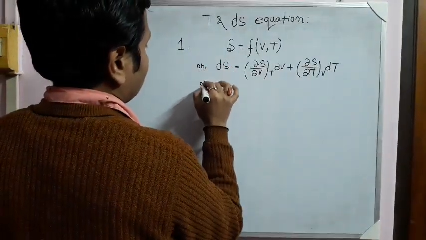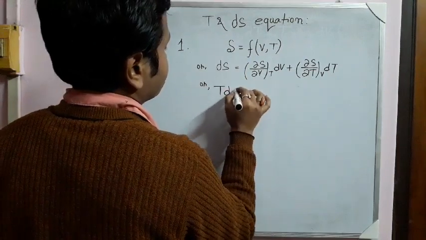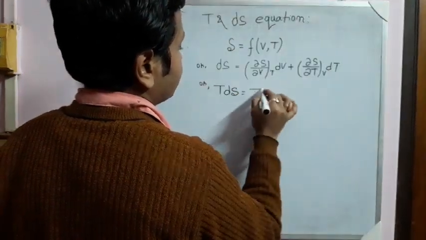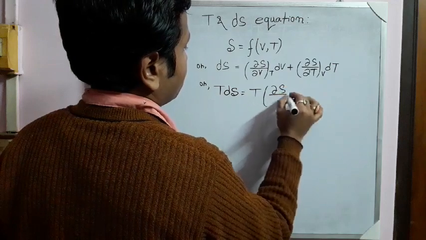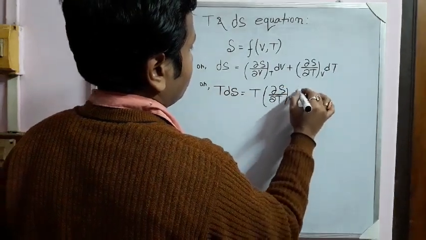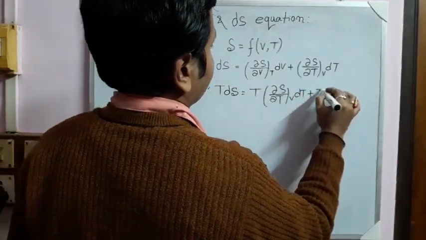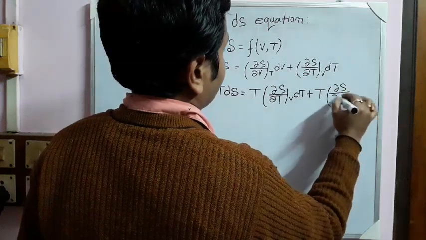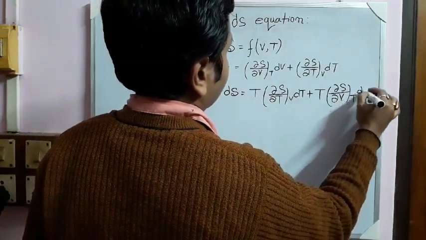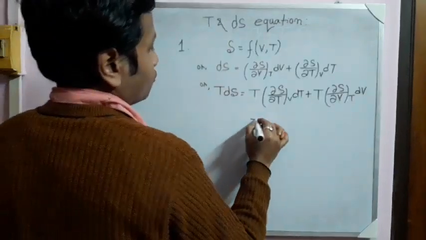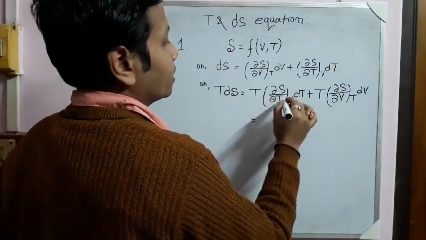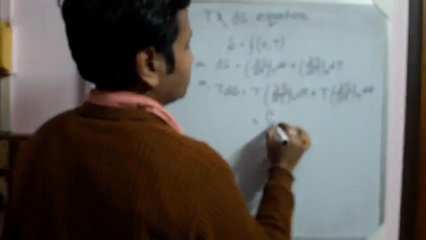Now what will be my T dS? I write this term first. T dS equals T (del S/del T) at constant volume dT plus T (del S/del V) at constant temperature dV. T del S means del Q, so T (del S/del T) at constant volume is CV.